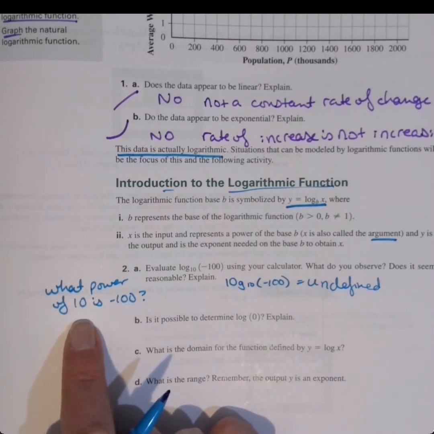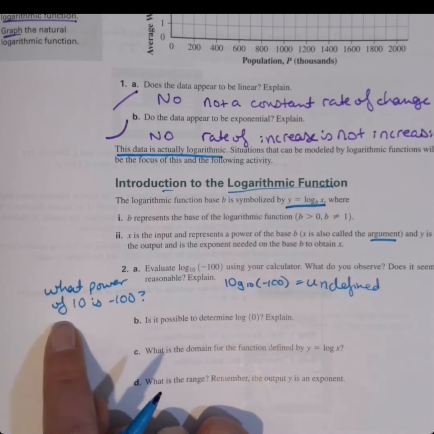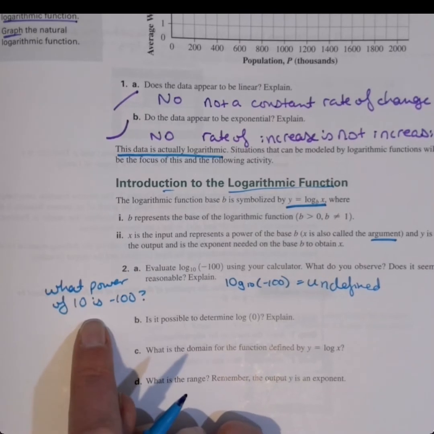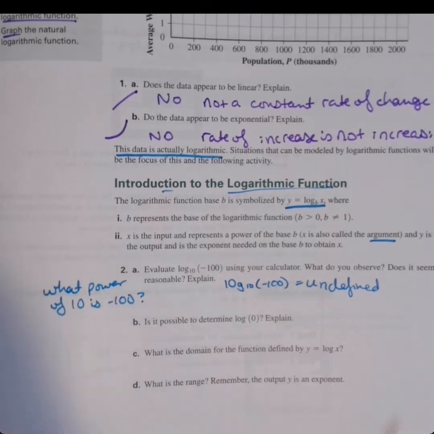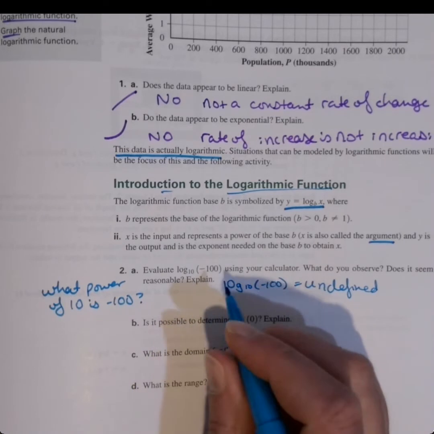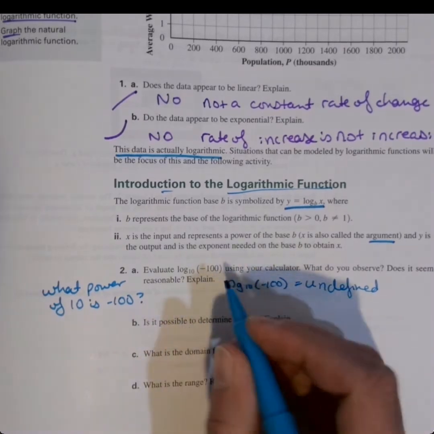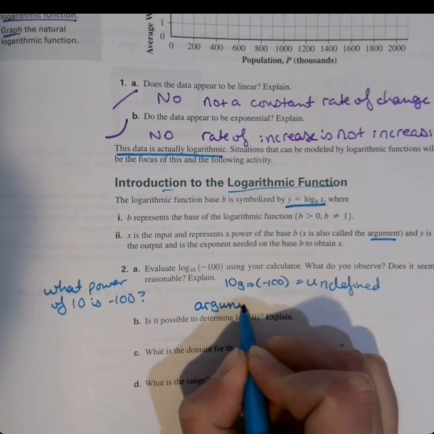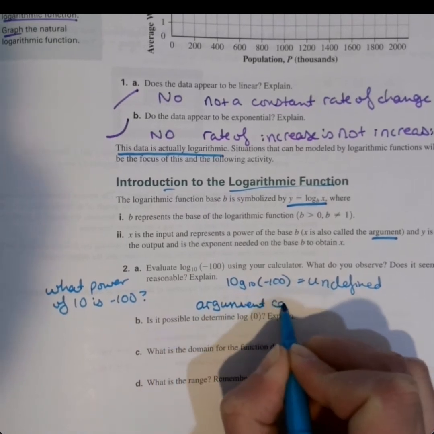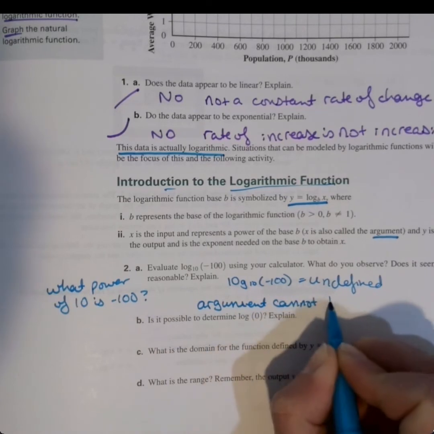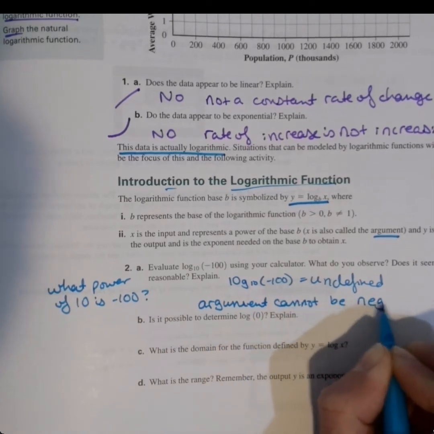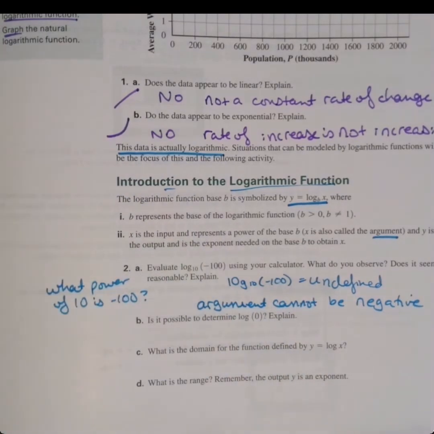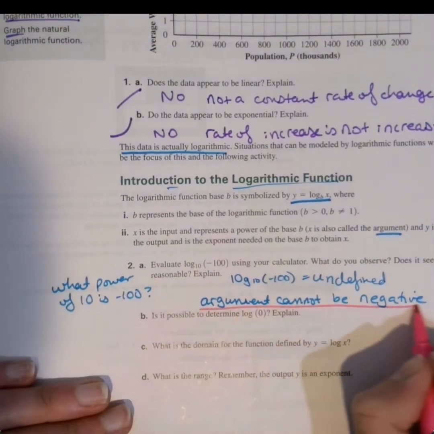If I raise it to a negative power, it's going to be 1 over 10, 1 over 100, 1 over 1,000. But I'm never going to get a negative. So we're not allowed to have negative arguments. We'll emphasize that: the argument cannot be negative.